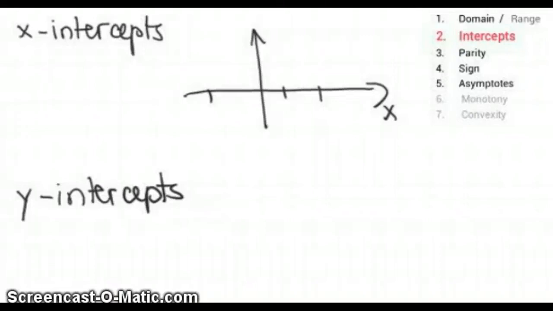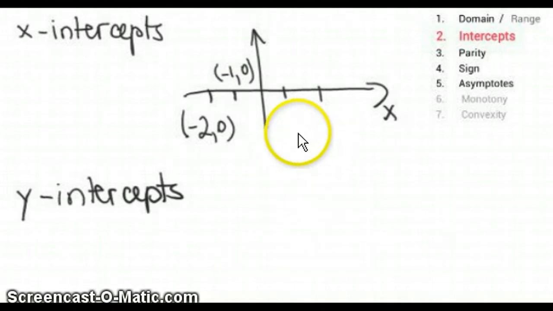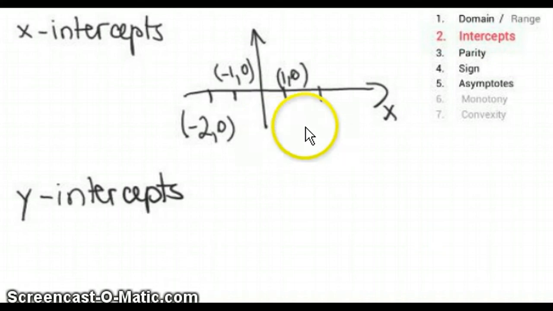So for example, the coordinates of this point might be, roughly an estimation, (-2, 0). The coordinates of this point might be roughly (-1, 0). The coordinates of this point, (1, 0). This one, the coordinates are (2, 0).